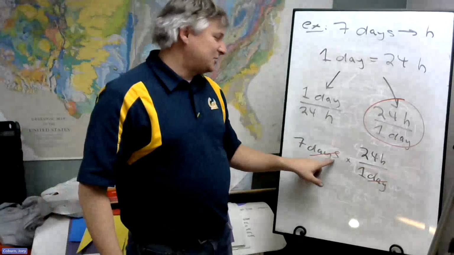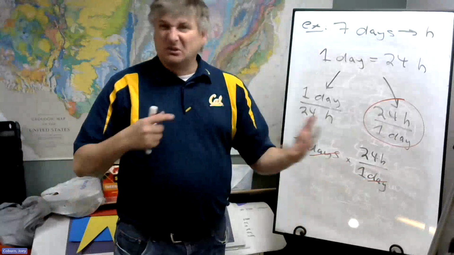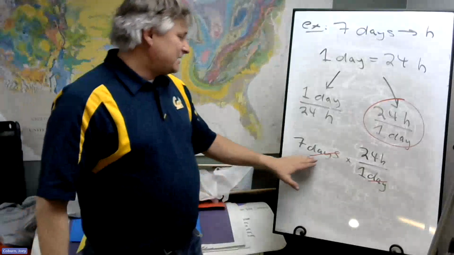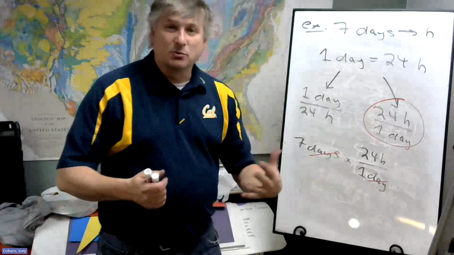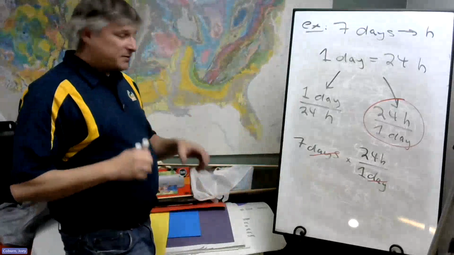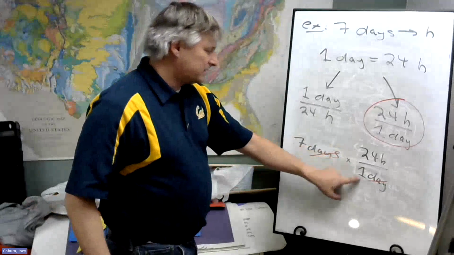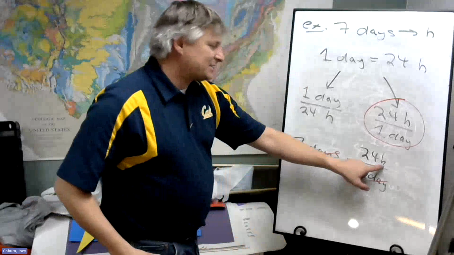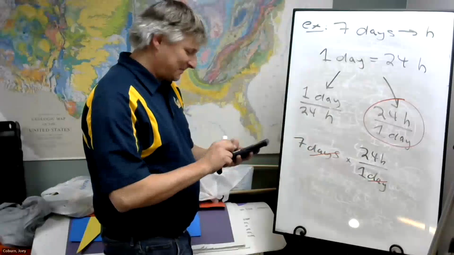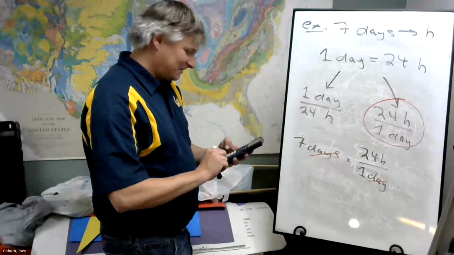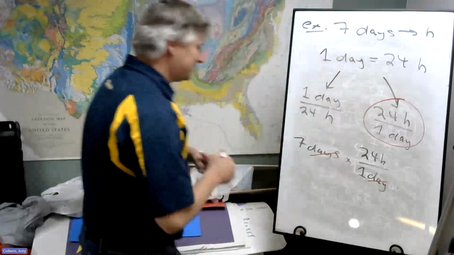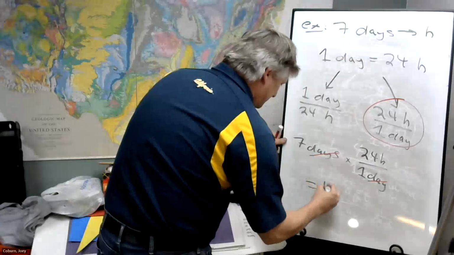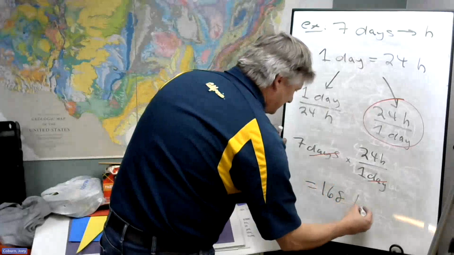If this was day squared and day, that's a little different. But in this case, days, day, those will cancel. So what we've got, 7 times 24 divided by 1, and we'll attach hours at the end. And so we get 168 hours.